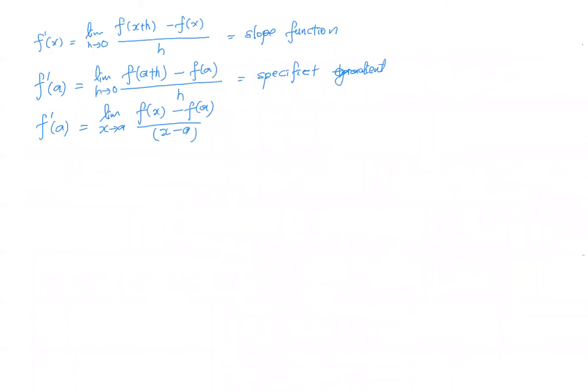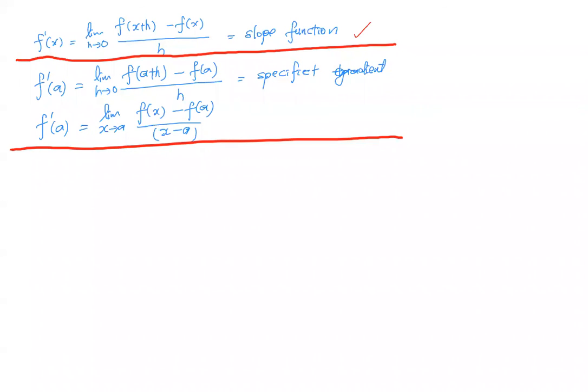Still h approaching 0. Yes, if you want to find the slope function, definitely you have to use this formula. This one is only for a specific point. That's why Miss straight away teaches this first and doesn't talk about all this. Today only I talk about all this, so I let you get used to this first.